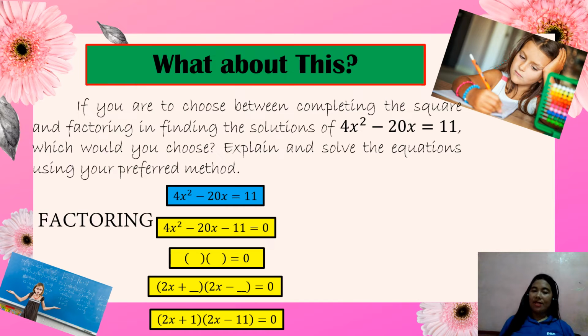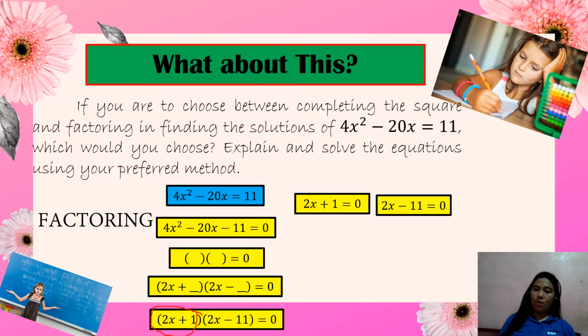Now, the next step is to equate each of these factors to 0. So that must be 2x plus 1 equals 0 and 2x minus 11 equals 0. Now, you do the part of solving linear equations, like transposing 1 to the other side, making it negative 1.